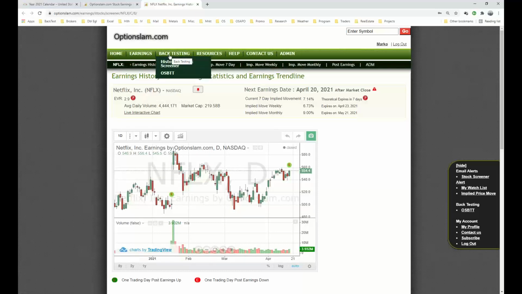Also, by the way, we have a very powerful tool that I don't think many of you are aware of or maybe don't use. I use it almost every day of the week. OSBTT, Option Slam Backtesting Tool, is a very powerful backtesting tool. It is limited to end of day data, but it is very powerful to build a database of your strategy and prove to yourself that your strategy worked in the past before you apply real money to it in the future.